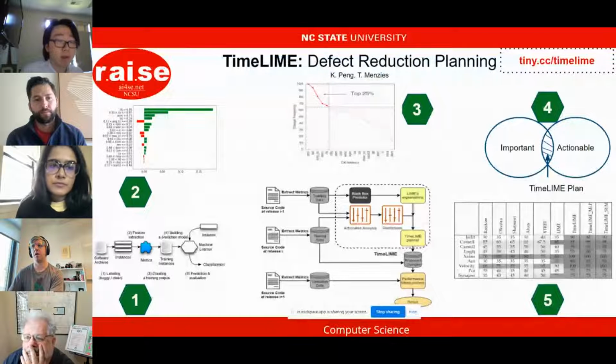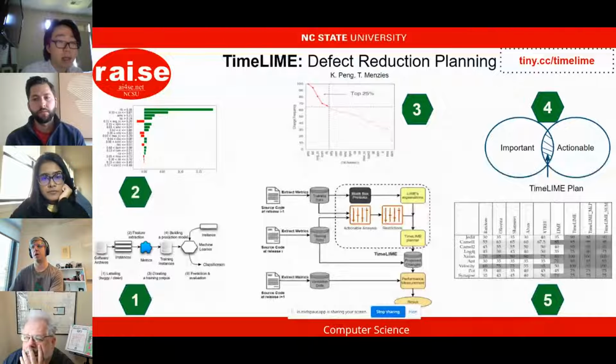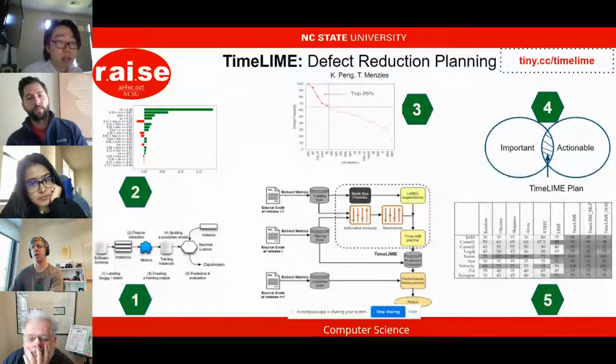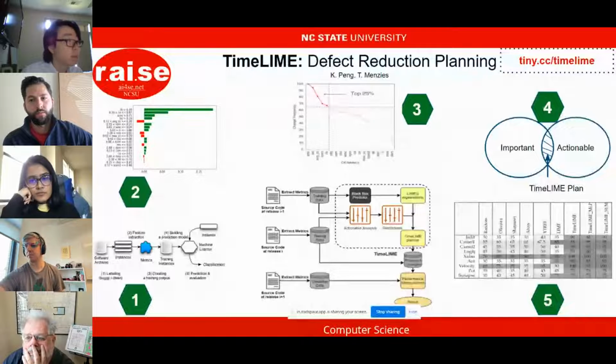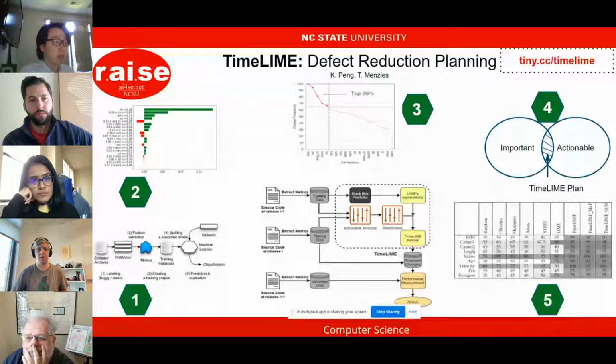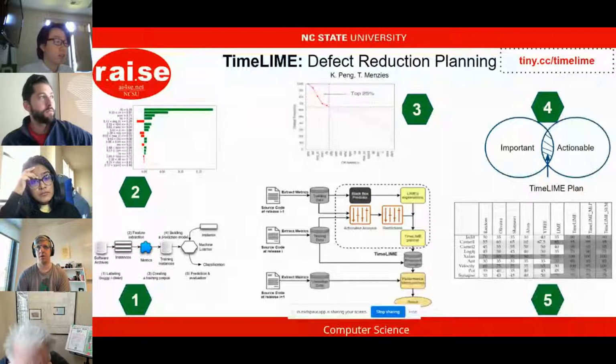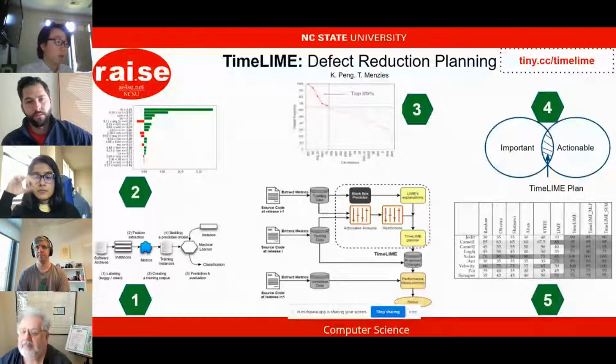We can see that some of them are positively correlated, some of them are negatively correlated to the prediction probability. So the reason we want instance-based explanation is that even if two code files are both predicted as defective, their reasons of being predicted in that way might be quite different.